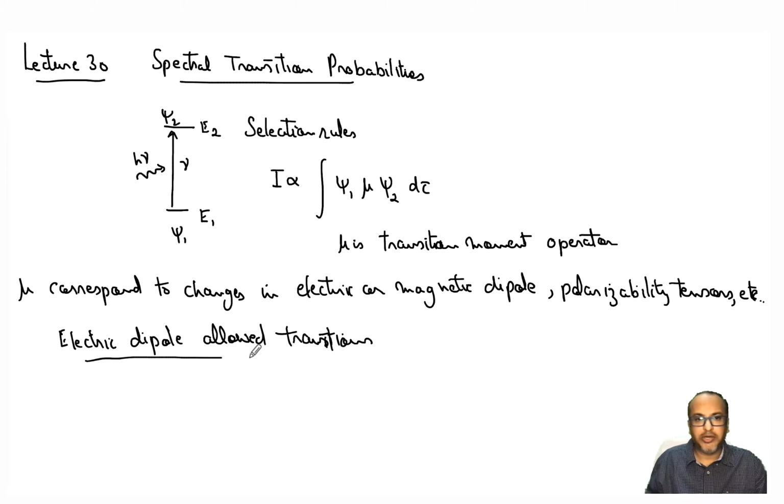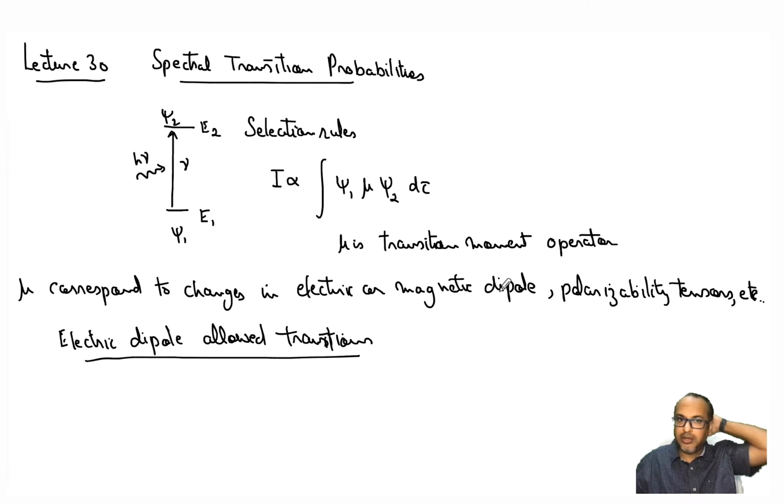So what is the meaning of this? That means the charge distribution in the ground state and excited state differ in a manner which is similar to an electric dipole. So here the charge distribution between state 1 and state 2, that is the ground state and excited state, forms like an electric dipole.